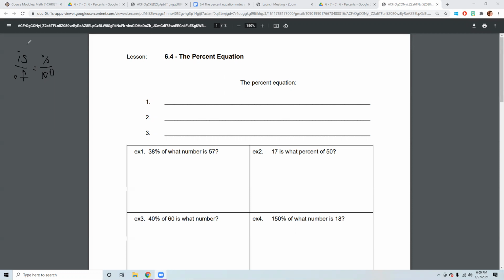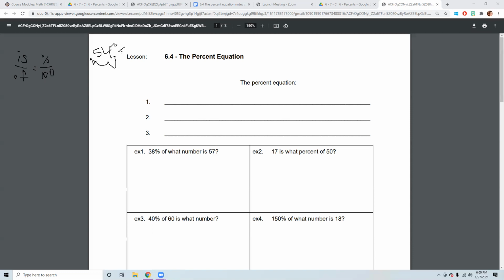So in order to make this proportion into an equation, the trickiest part is this percentage here. So whenever I have a percent, let's say that I have, I don't know, 54%. When I have 54%, and I take that percentage, so just the number 54, and I divide it by 100, if you remember from 6.1, the decimal that's there just is going to move over 2 places to the left.